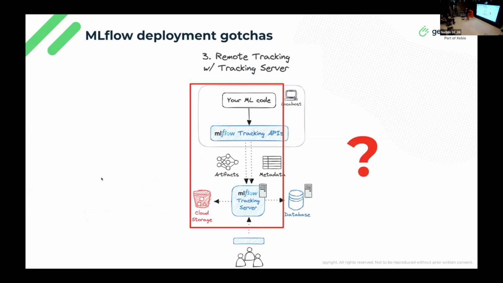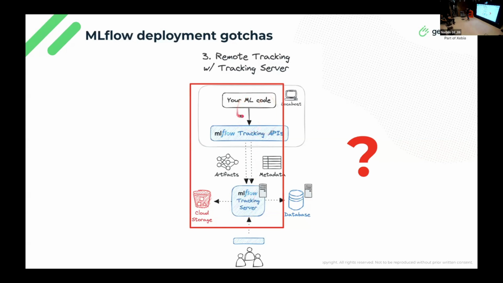So the problem here is that although we have artifact storage as a cloud storage, GCS, S3 or whatever, which is potentially infinitely scalable, everything that goes to this cloud storage goes through the tracking server.